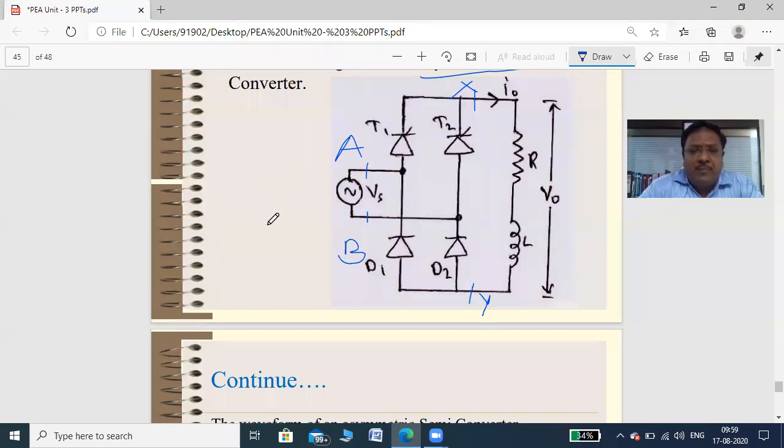I'll repeat the same thing which we discussed last week in the first 10 or 15 minutes. Why should I waste my 10-15 minutes? Those who were absent in the last lecture and so on should understand what exactly is the half control converter with resistive load, half control converter with RL load, half control converter with RL load and freewheeling diode, then full control converter for resistive load, full control converter for resistive and inductive load, and full control converter with resistive inductive load and freewheeling diode, right?